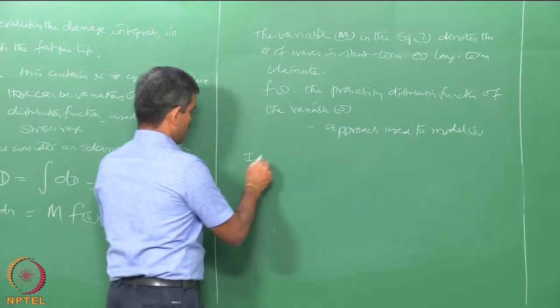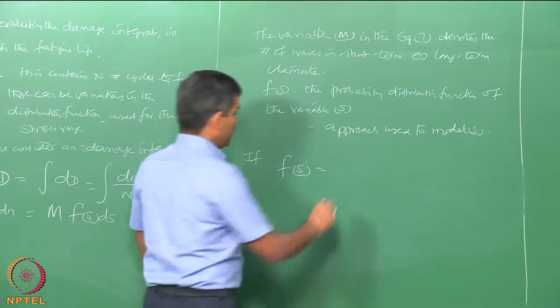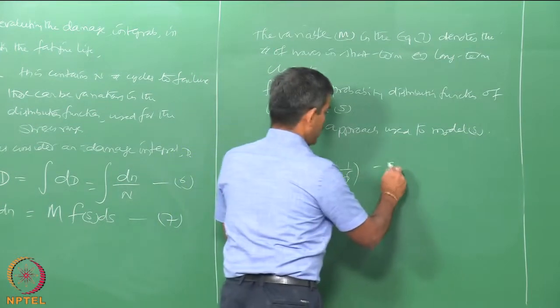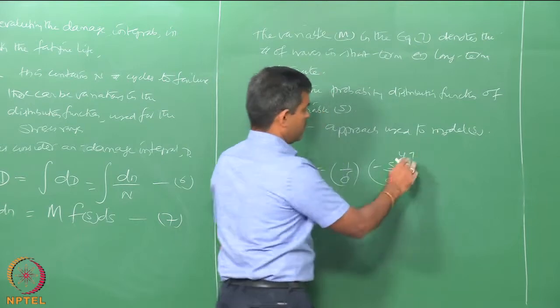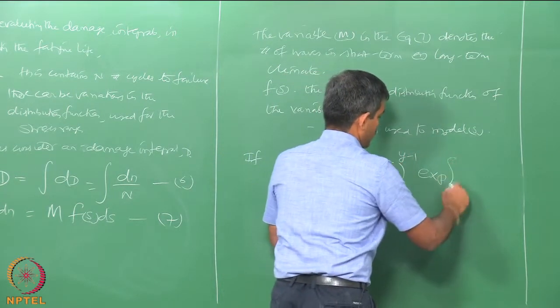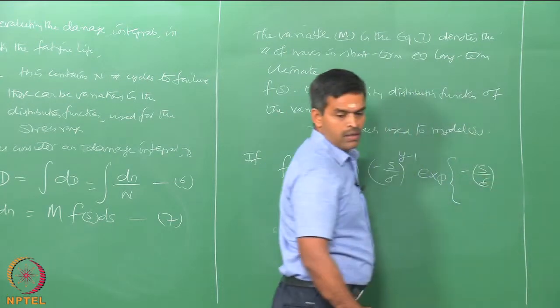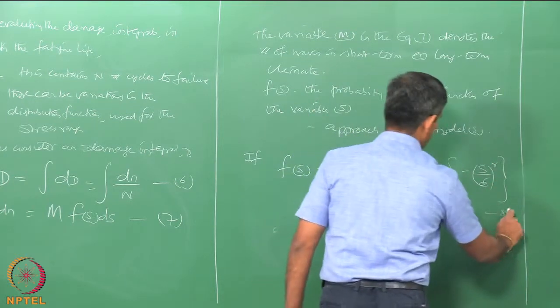So, let us say f of s is given by 1 by delta (s by delta) to the power nu minus 1, exponential of minus (s by delta) to the power nu, let us say equation 8.